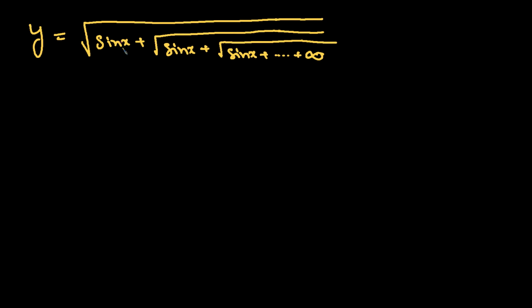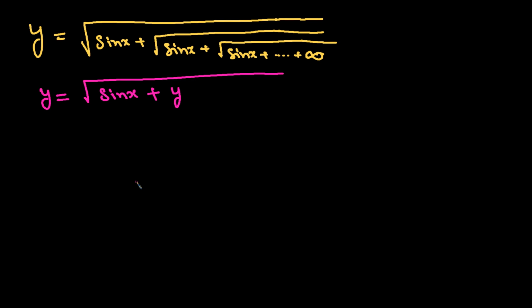Each term under the square root is basically equal to y. This is also a y. This is also a y. So y can be written as y equals square root of sine x plus, as this is a y, I'm just going to replace it with y.